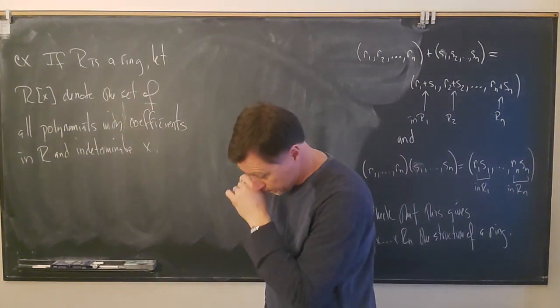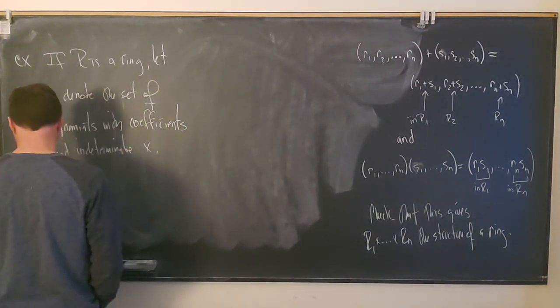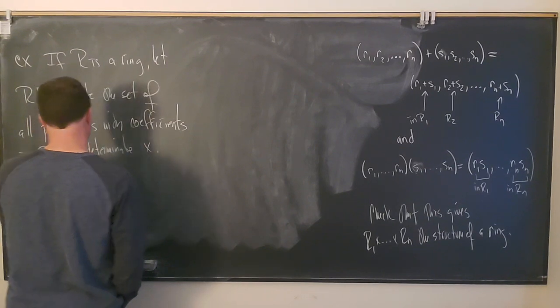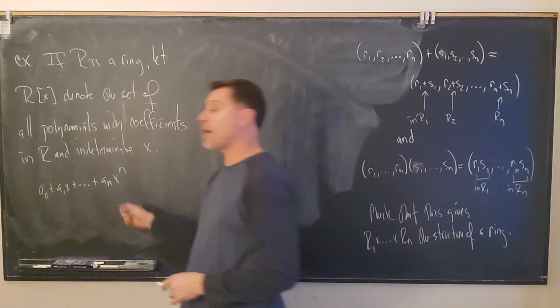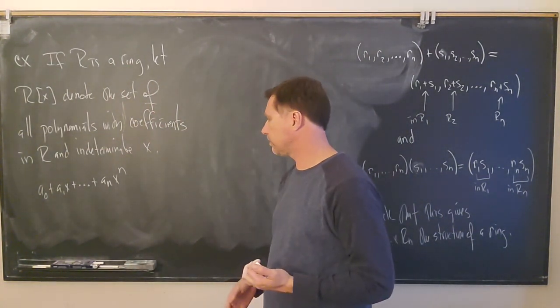Of course, we all know what a polynomial looks like: a0 plus a1 x plus dot dot dot plus an x to the n, where each of the ai's lives in capital R. That's what we call a polynomial.